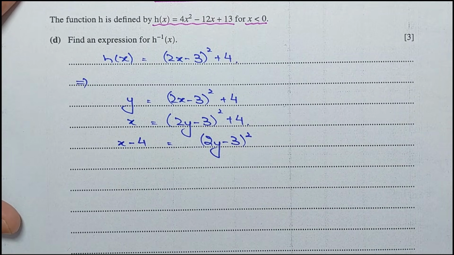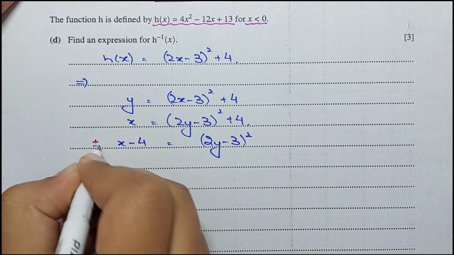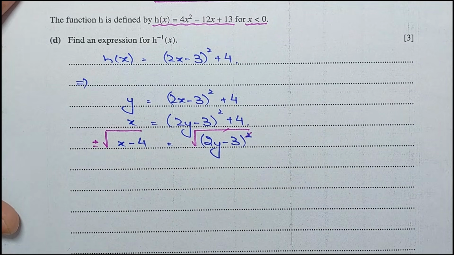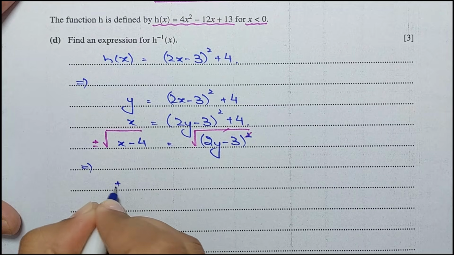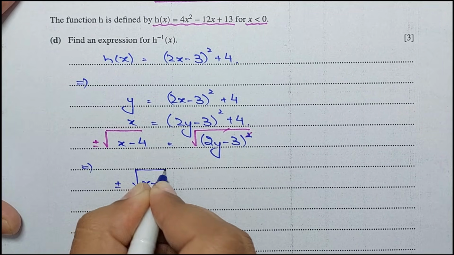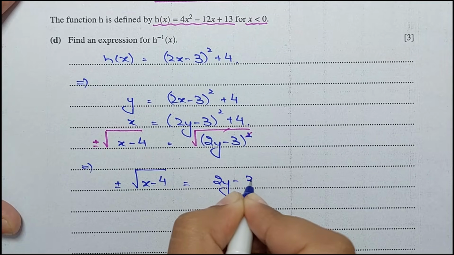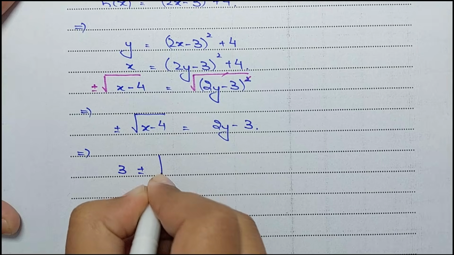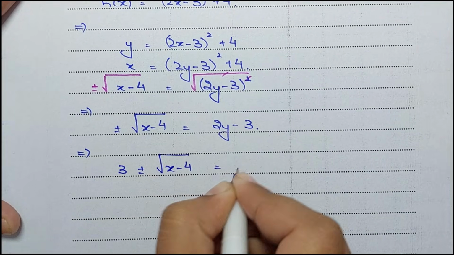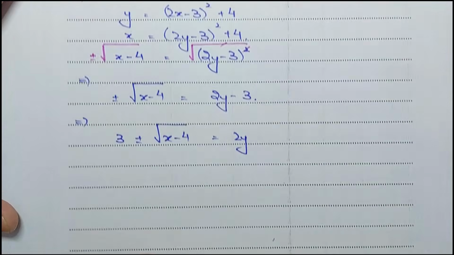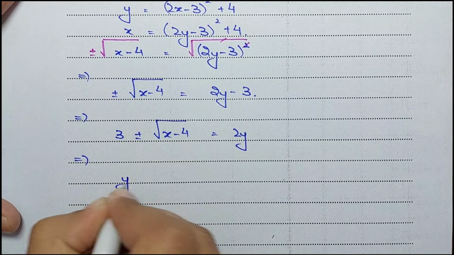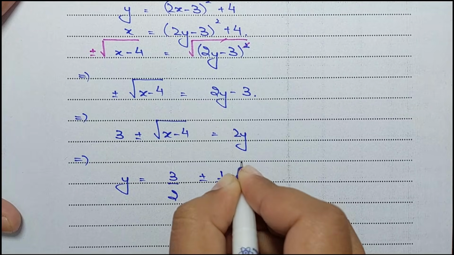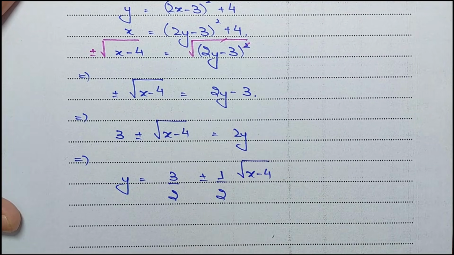To get rid of the square, taking the square root on both sides, we have plus or minus the square root of x minus 4 equals 2y minus 3. Or we can say 3 plus or minus root of x minus 4 equals 2y. I just shifted the 3 to the other side, so it becomes positive 3. So y equals 3/2 plus or minus 1/2 root of x minus 4.